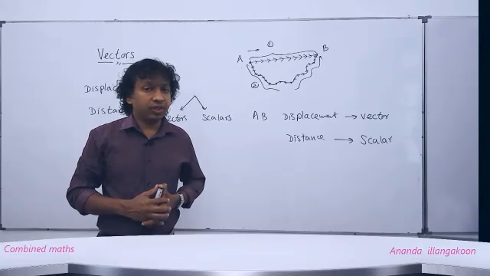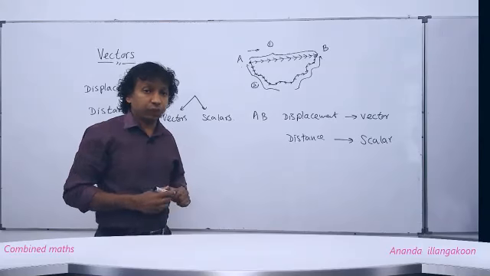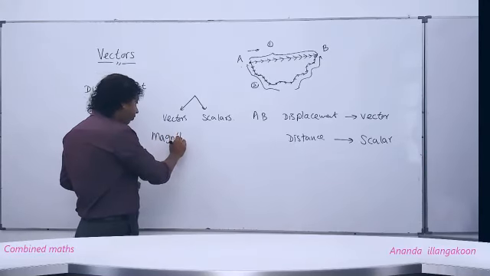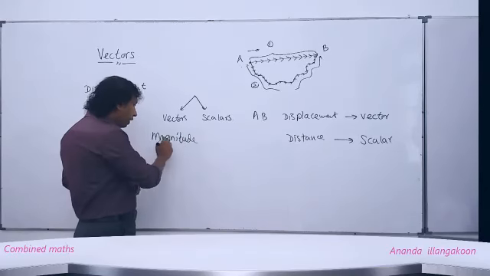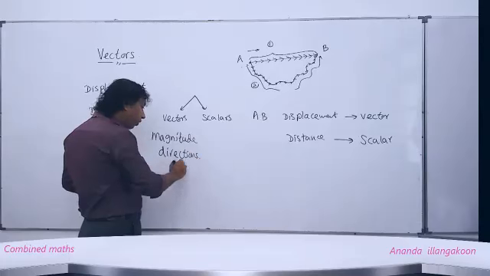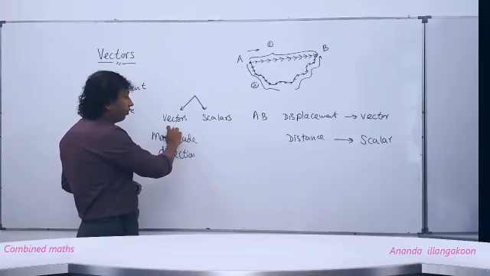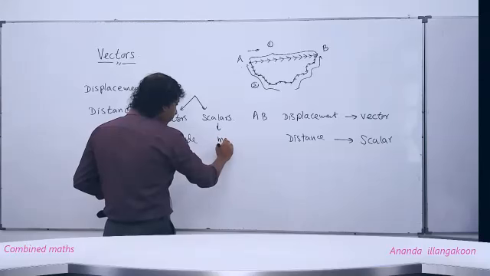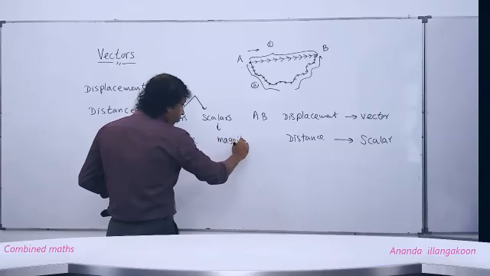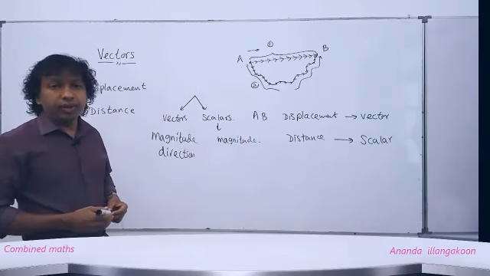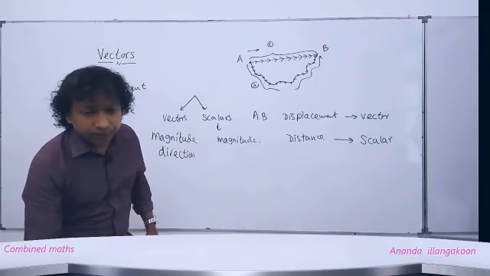Another word for size is magnitude. Both magnitude and direction are available for vectors. Scalars, people, have only magnitude. Magnitude means size, right? We can take many examples.